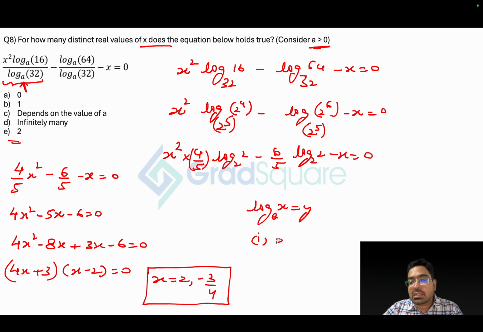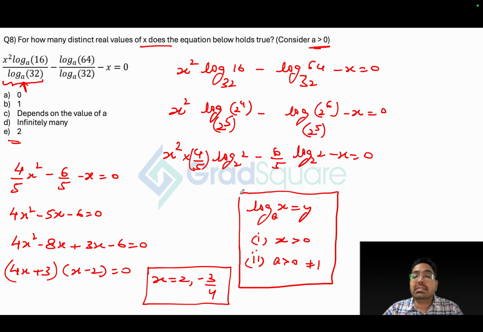What are those conditions? x must be greater than 0, and the second condition that all of us must remember is a must be greater than 0 and not equal to 1. If these conditions are met, that is when the log is defined.